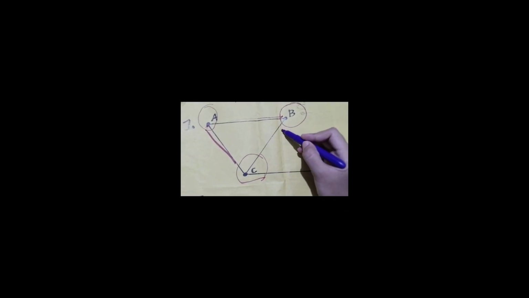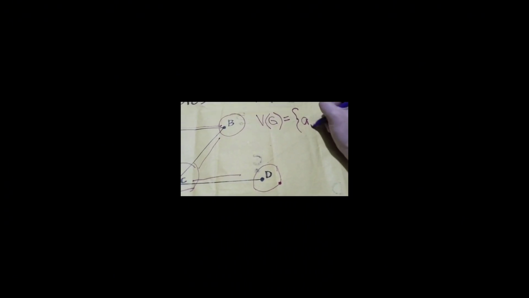To look for the edges, we look for edge A to B, A to C, B to C, and C to D. So we write V(G) equals A, B, C, and D, and don't forget the parentheses.